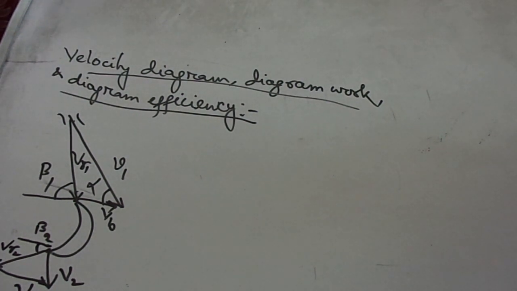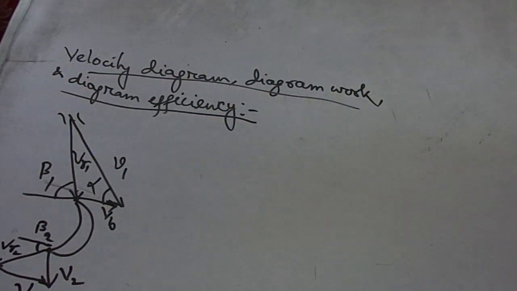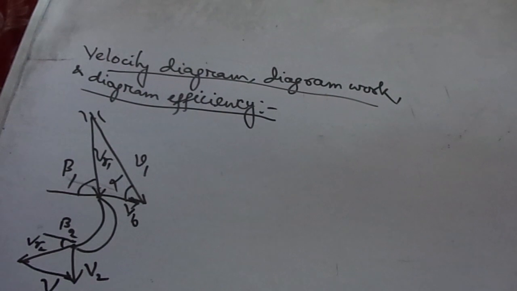So steam coming out from the nozzle at absolute velocity v1 strikes the blade with relative velocity vr1.